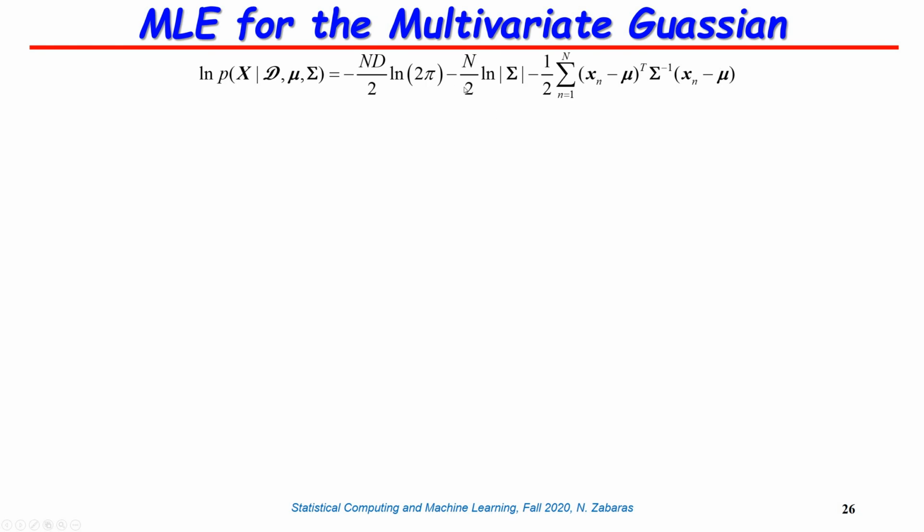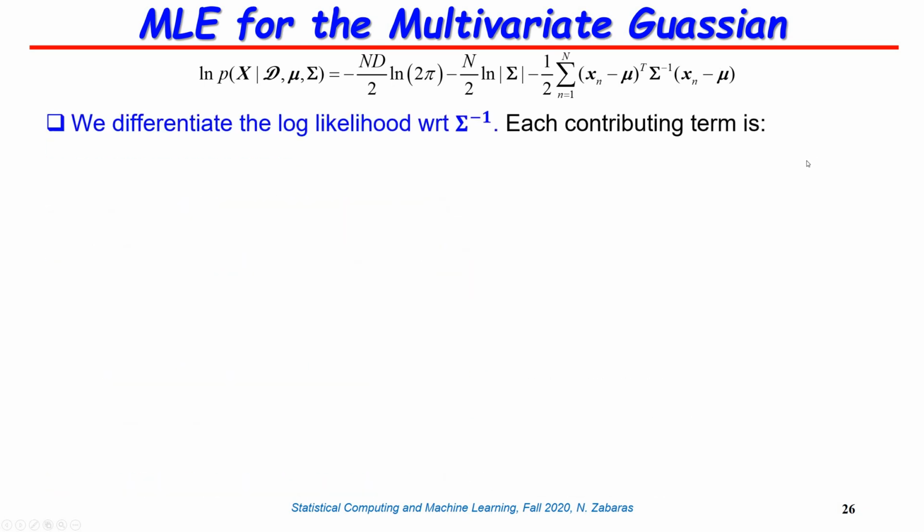Well, with a little bit of imagination, the determinant of the sigma inverse matrix is 1 over the determinant of the sigma matrix. So when I see here minus log of the determinant of sigma, you can actually write this as log of the determinant of sigma inverse. So effectively in both terms I can have sigma inverse.